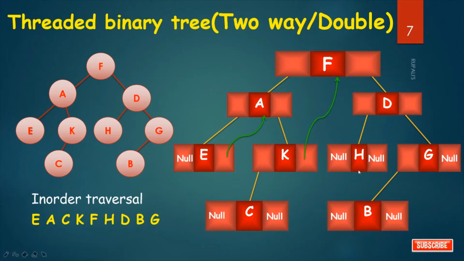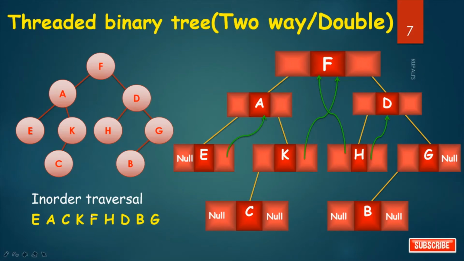In case of H, think how we can utilize the left field and right field of H. See, the left field is the in-order predecessor of H, that is F. So the left field holds the address of F, and the right field holds the address of the in-order successor, that is the address of D. In case of G, the right field is null, so we can't utilize this space.